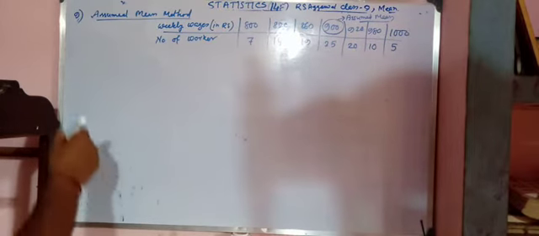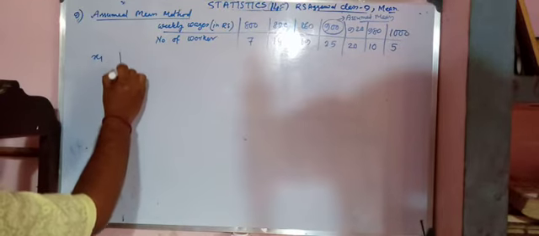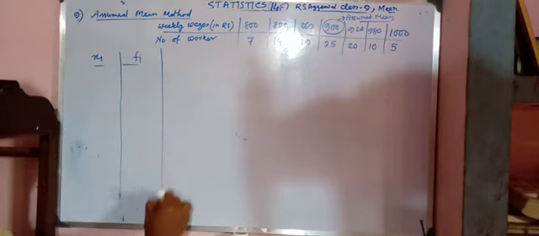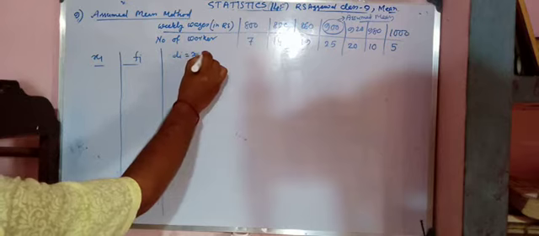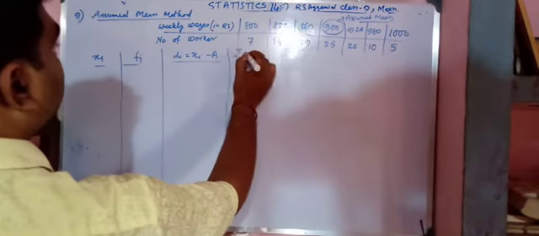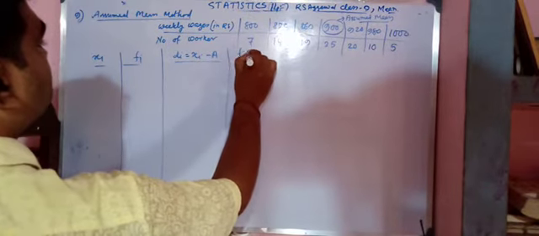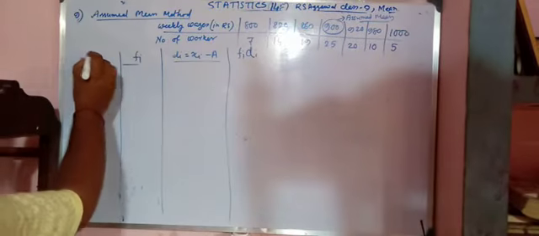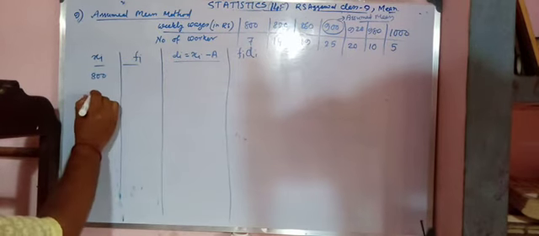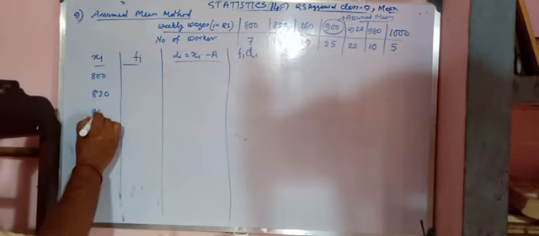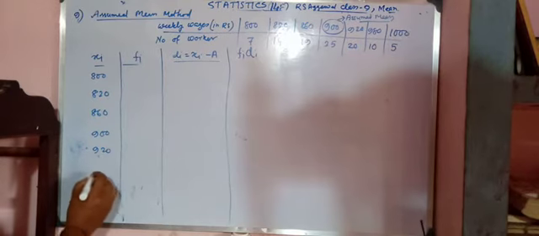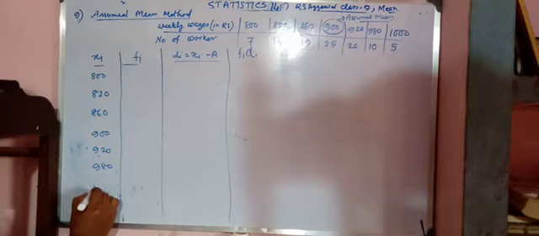So we can write here xi, fi, di is equal to xi minus a, next fi di. xi is equal to 800, next 820, next 860, next 900, next 920, next 980, next 1000.